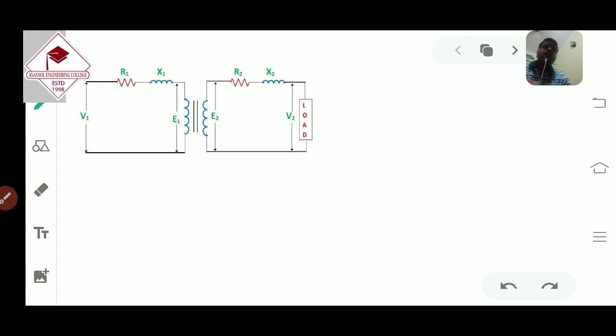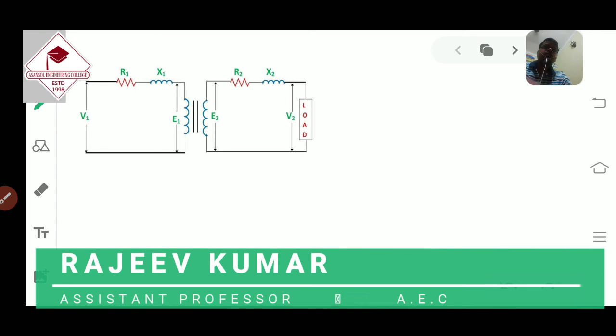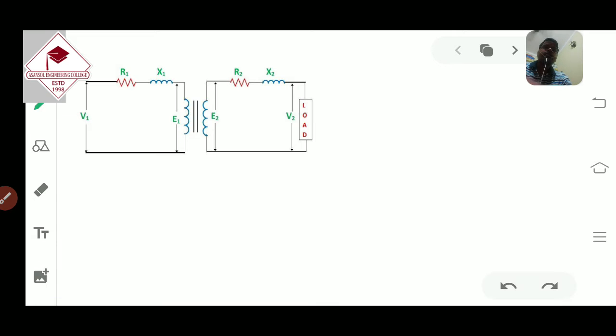See in this picture on the screen, it is the equivalent circuit of a transformer, right? So you know all these parameters R1, X1, R2, X2. R1, X1 are the primary winding resistance and leakage reactance.